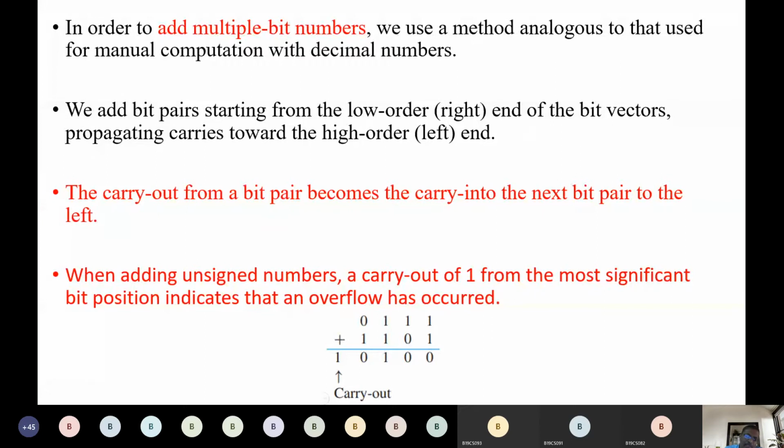But when we look at signed numbers, this is not the scenario. There are a few conditions we need to follow to detect overflow. But in unsigned numbers, this is a simple method to detect the overflow. This is a situation of overflow where, due to this 1, we have an overflow.